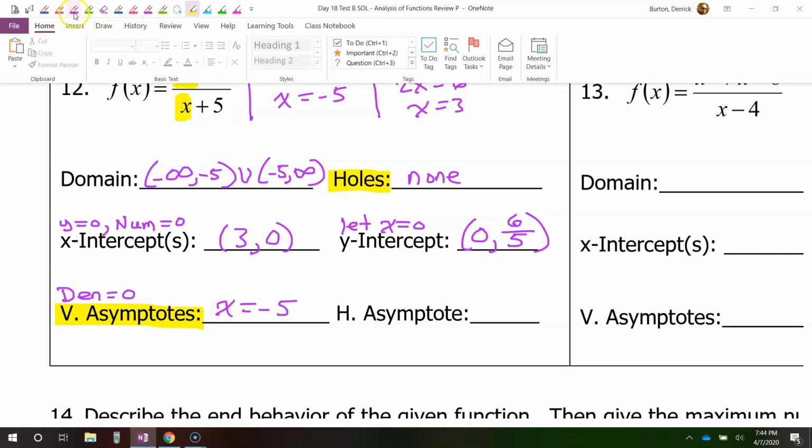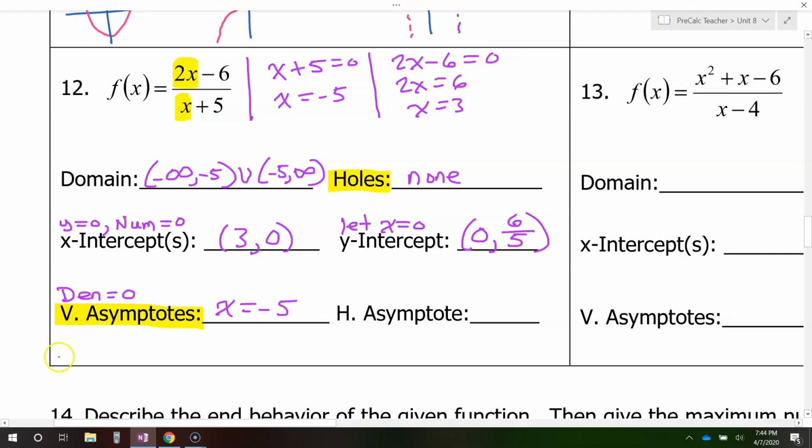So as we talk about the end behavior, we will say that the function approaches 2x over x, just looking at the part that matters. But that simplifies down to 2, because at that point the x's will cancel out and you just have 2.